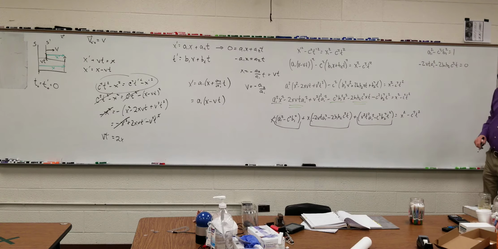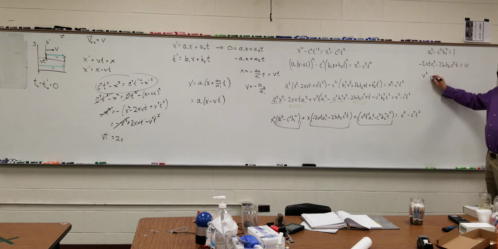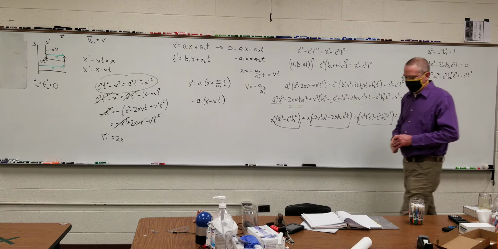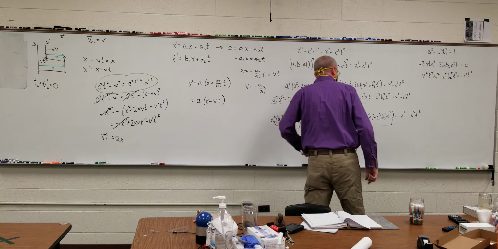And this, what does that equal? C squared, T squared. Darn close. Yes, negative. So v squared t squared a1 squared minus c squared b2 squared t squared is negative c squared t squared. All right. Now let's do a little simplifying here, especially on that last one.